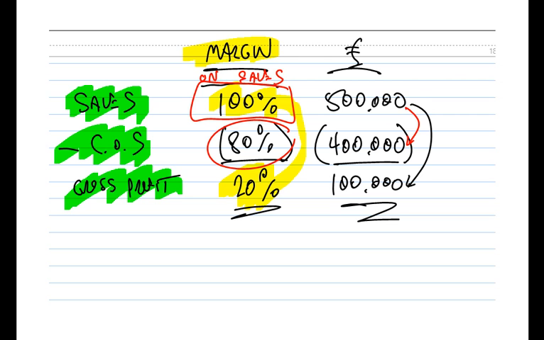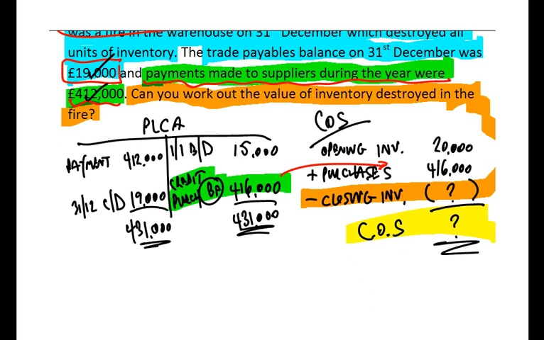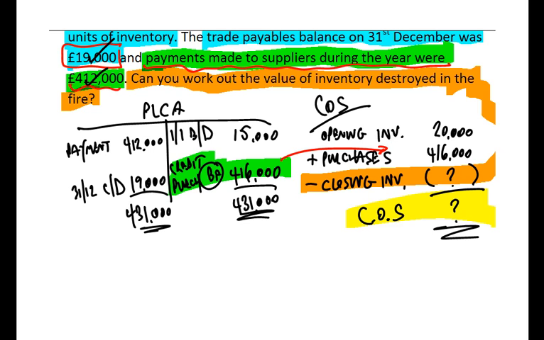So you can see we knew sales. I now know cost of sales and gross profit. In fact, what I'm particularly interested in is that cost of sales figure. So if you remember, we were playing around with cost of sales. We knew the opening inventory and the purchases. I now know that the cost of sales figure is 400,000.